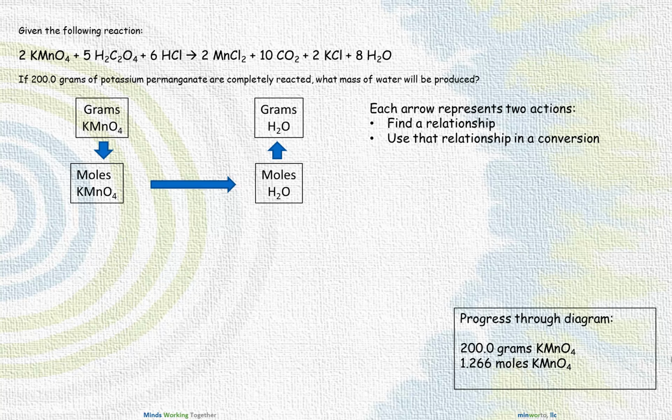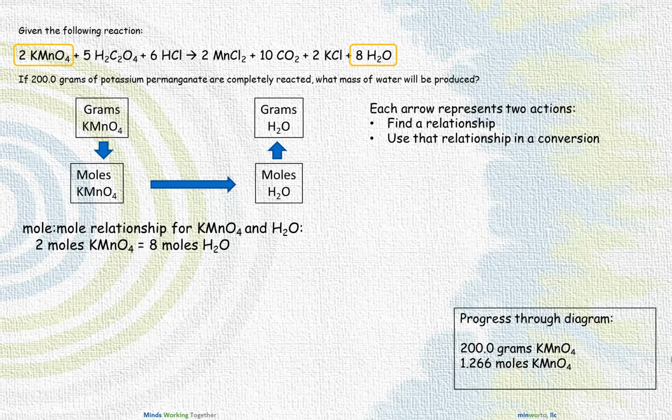Now we have gotten to moles of potassium permanganate. We need to follow the diagram over, meaning we need to find a mole-to-mole relationship for potassium permanganate and water. So we look up at our balanced chemical equation. We see we have 2 moles of potassium permanganate for every 8 moles of water. Now we can use that relationship in a conversion.